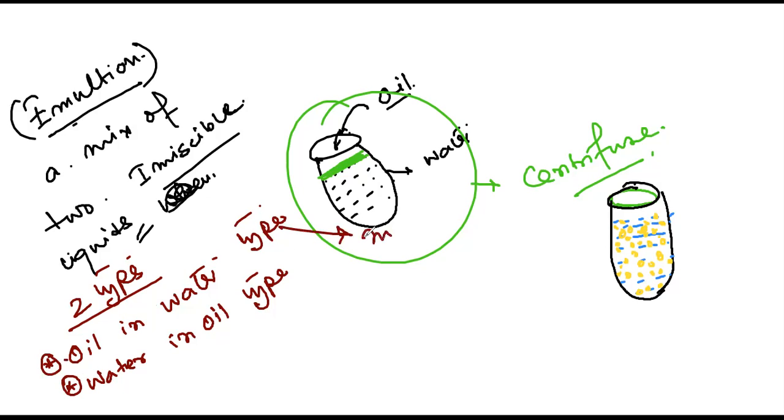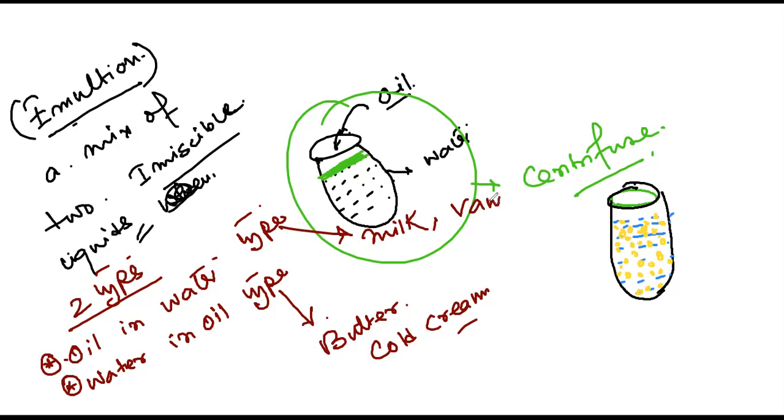This one is milk, this one is butter, and you can also say cheese or cold cream. Cold cream is a very good example. Milk is oil in water. You can also say vanishing cream, etc. So these are the different types of emulsions that are present.